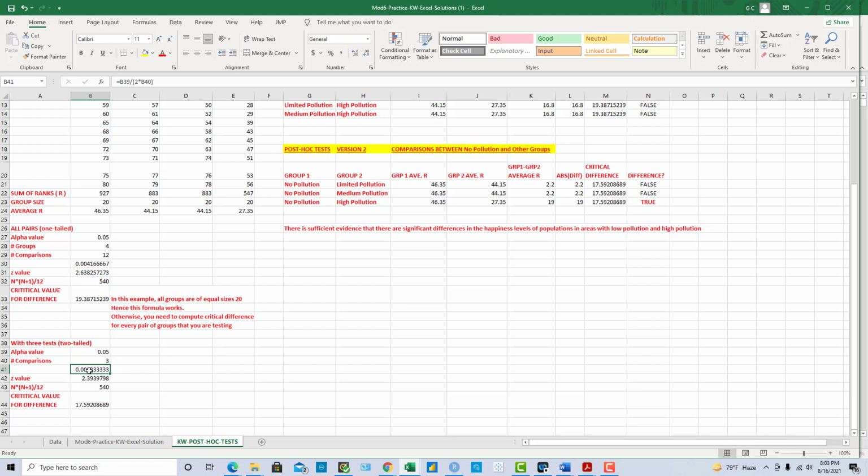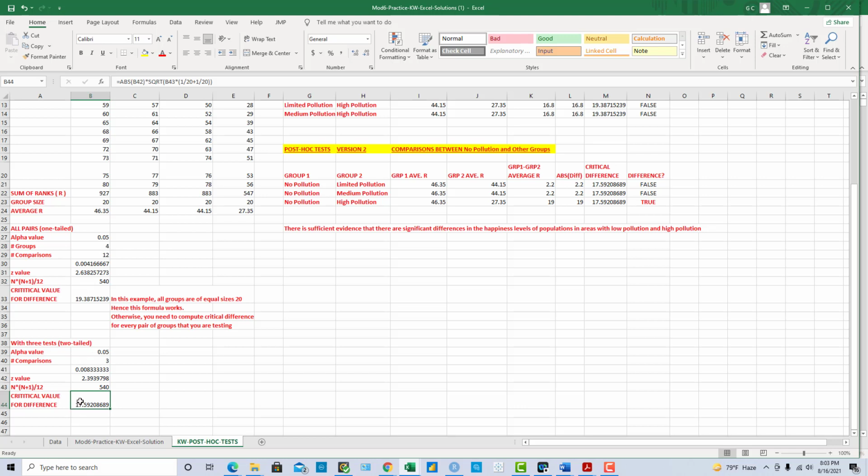Our significance level is 0.008, and then we compute the z value to be 2.39, and the critical difference now using this formula, very similar to what we had done in B27 through B33, but now we have just 3 comparisons. So that's the key difference.